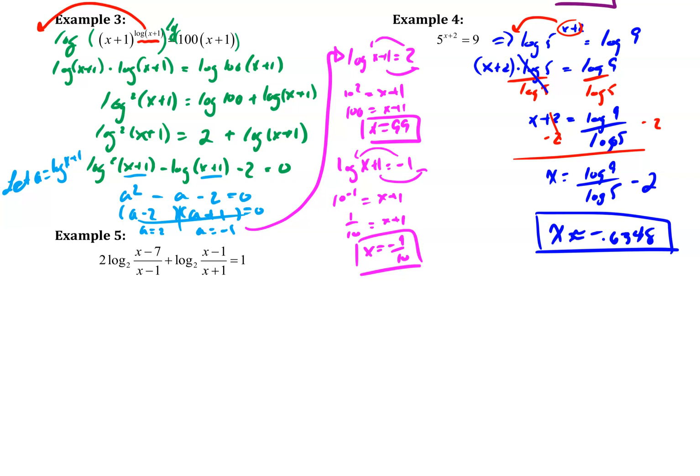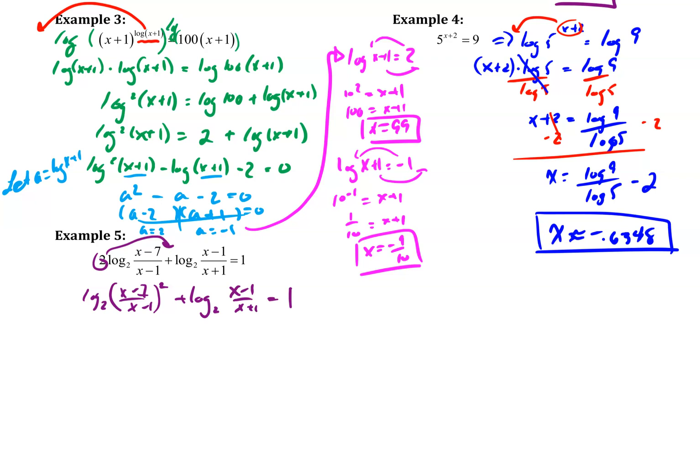Definitely looking ugly. All right, so hopefully we can clean this up a little bit and make things easier. First thing I notice is I've got the same logs on the same side of the equal sign, so I'm trying to condense this. I'm going to take the multiplier and make it an exponent. So I've got log base 2 of all of this squared plus log base 2 of all of this is equal to 1.